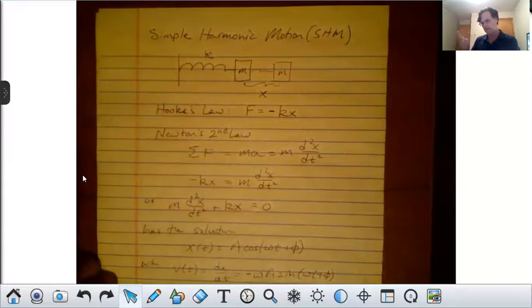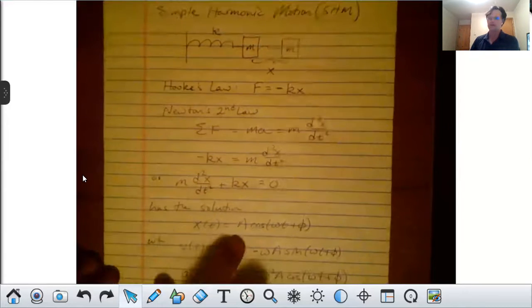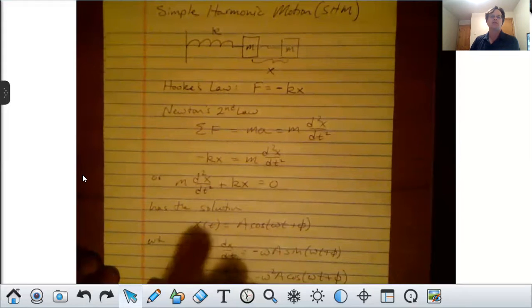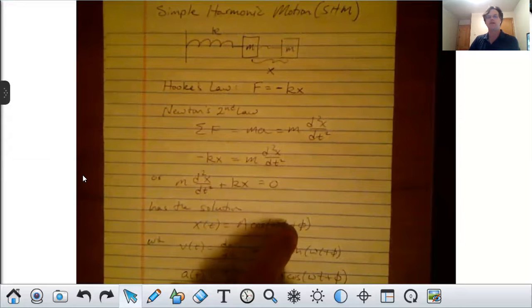If you think about it a little bit more, there are a couple of functions that would make sense: cosine and sine, right, they repeat. So I might guess the solution has the form x as a function of time equals a constant A times cosine of omega t plus phi, another constant.